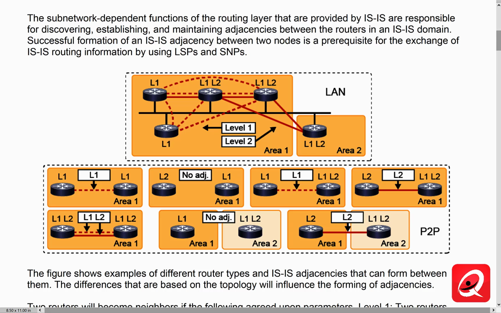All right. There's nothing wrong with forming both level 1 and level 2 adjacencies as long as the routers can support that functionality, right? In other words, they have enough processing power, enough memory to be able to facilitate that communication. We use CLNS, the Connectionless Network Service, to form adjacencies between the routers.